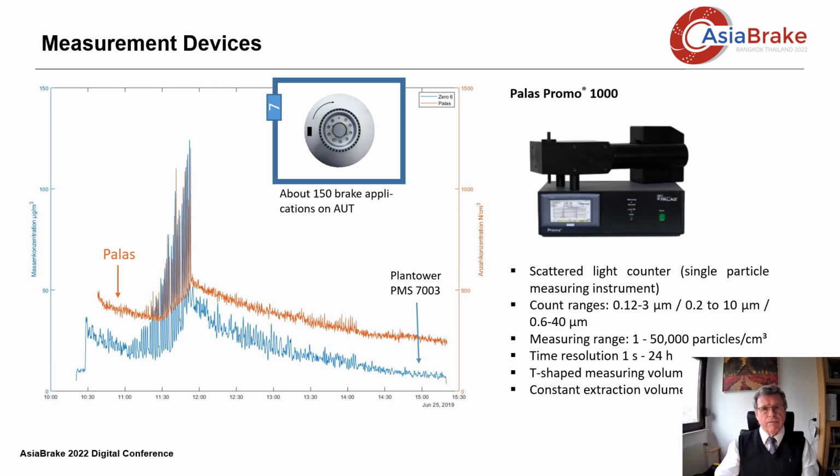You see a shift in the measurement data. Obviously, we have to calibrate each Plantower sensor separately. But nevertheless, both instruments see the same events and nearly the same shape, even on very short timescales. Note that the Pallas instrument costs more than $40,000, whereas the Plantower sensor is about $20.